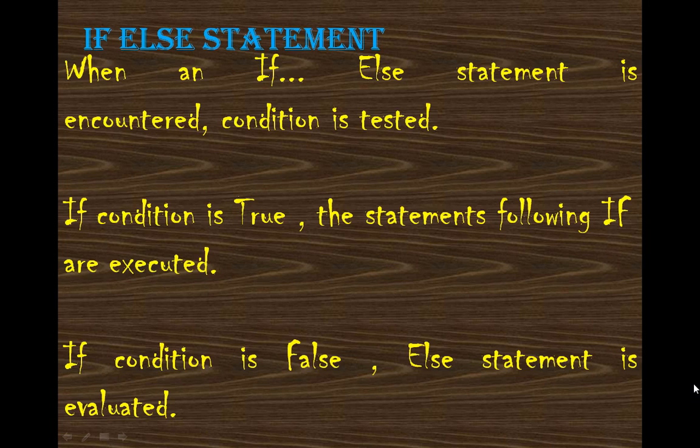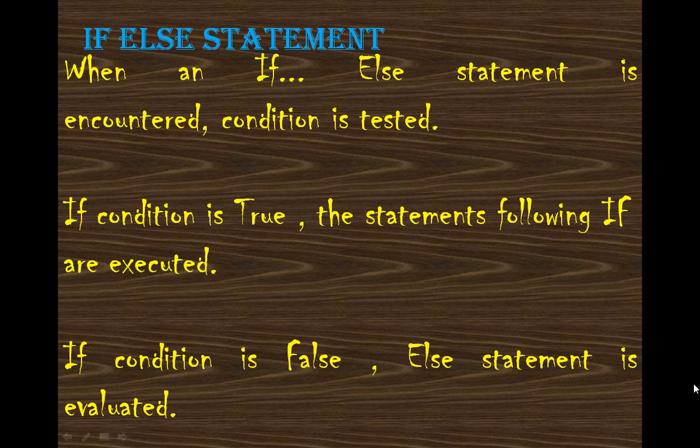So when an if else statement is encountered, the condition is tested. In this case also, first it will test the condition that you have given in your program, such as if age is greater than 18 or else something like that. First it will evaluate your Boolean expression, and if that expression is true, it will execute the statements followed by if.